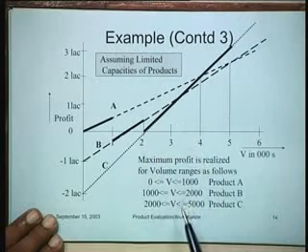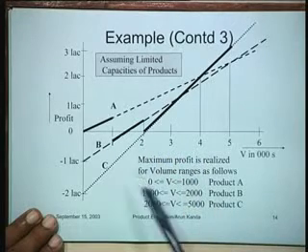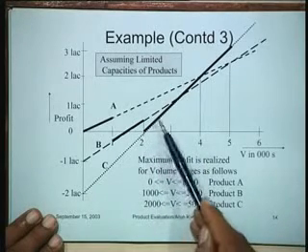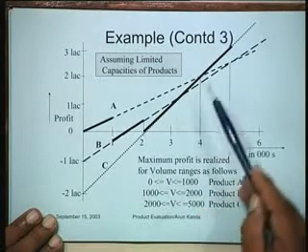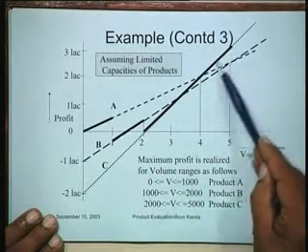And then the third product, which is product C, is lower here, but is still lower than this, but this is not available now. So from 2000 onwards up to 5000, that means here.